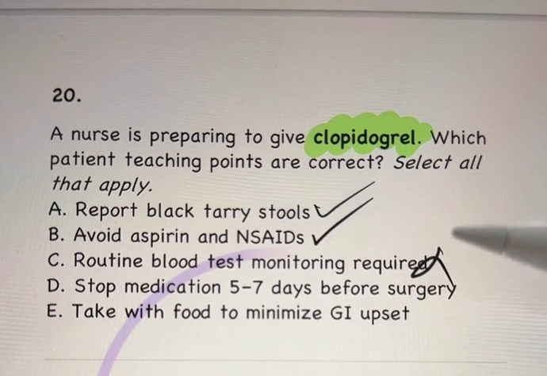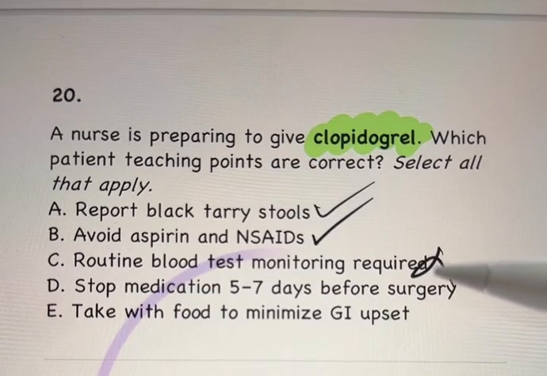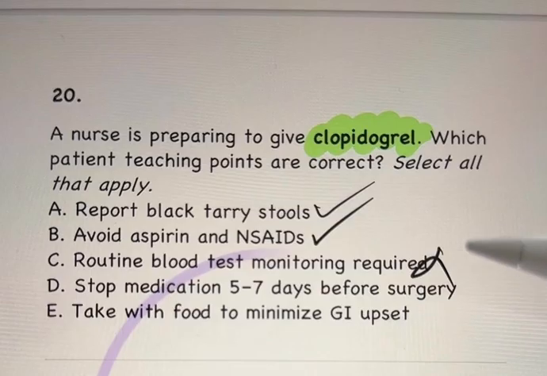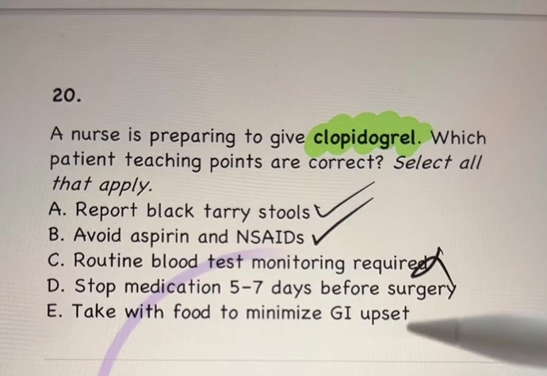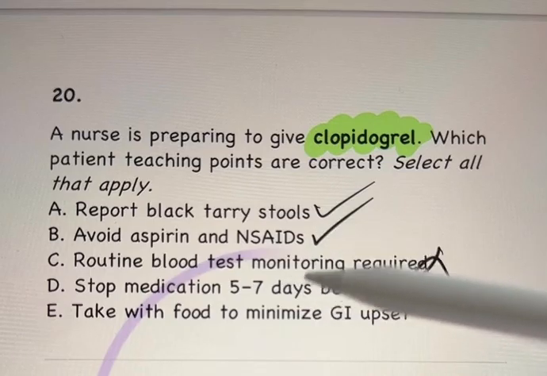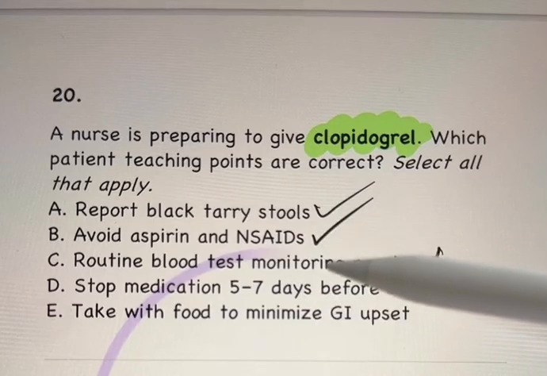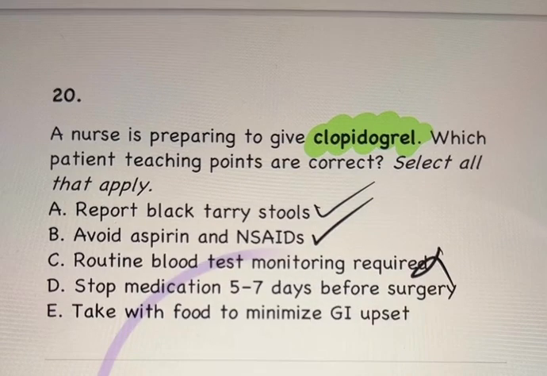Is it correct? Yes. So we need to stop it at least 5 to 7 days before, because it inhibits the platelets, and platelets are gonna take 7 to 10 days to come back into action. If we are not stopping it, there are higher chances of bleeding.